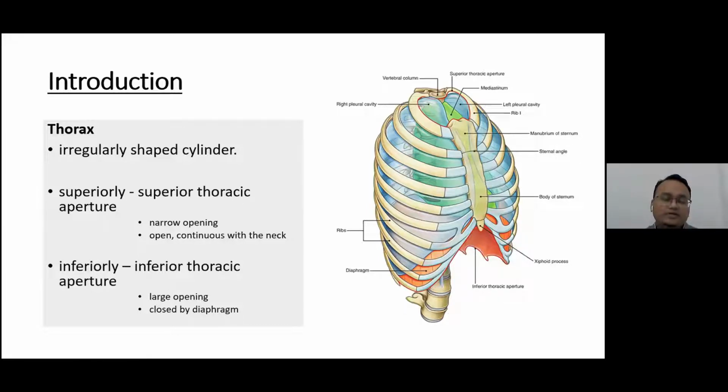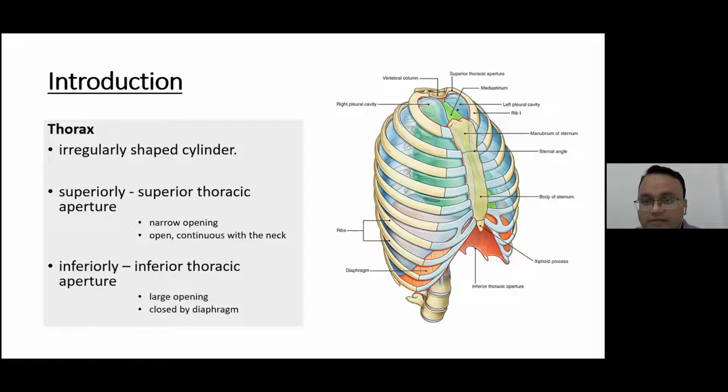When we talk about the thorax, we must understand the border, right? So it begins superiorly as the superior thoracic aperture. And when we discuss about the inferior border or the boundary inferiorly, we are talking about the inferior thoracic aperture. The one superior is what I mean. Right.